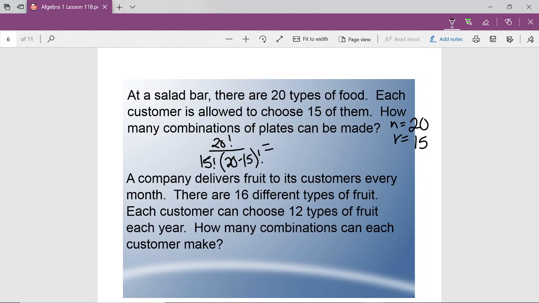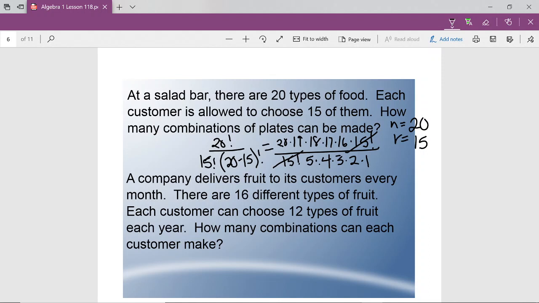I'm going to write out 20 times 19 times 18 times 17 times 16 times 15 factorial over 15 factorial times 5 factorial. Those 15 factorials cancel out, and you could go through and cancel out some of those 5 times 4 times 3 times 2 times 1 with the numbers above, but take some time and actually multiply it out.